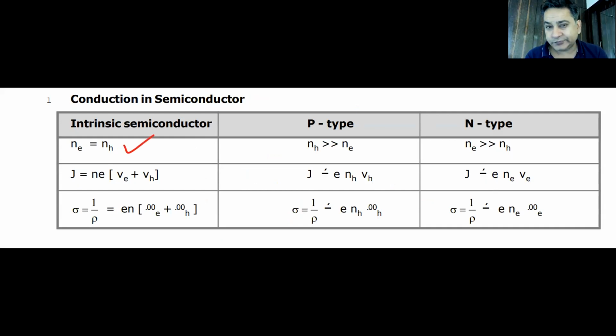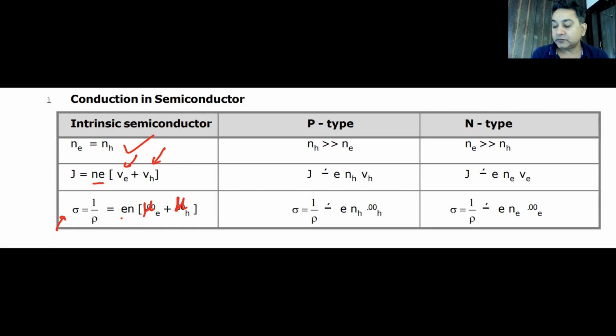Yes or no? Current density is Ne into Vd. Here we have two drift velocities, drift velocity of electron and drift velocity of hole. Do we understand this? Conductivity is 1 by rho, so e into concentration into mobility of electron plus mobility of hole. Do we understand this?